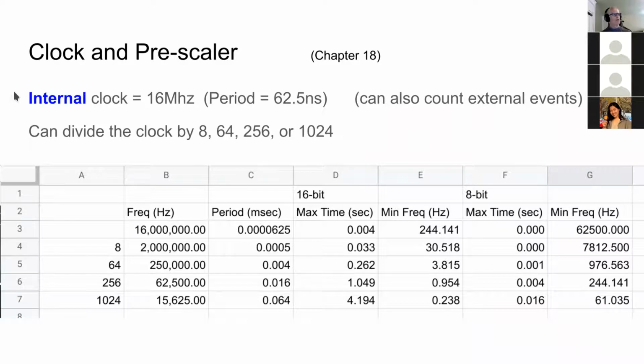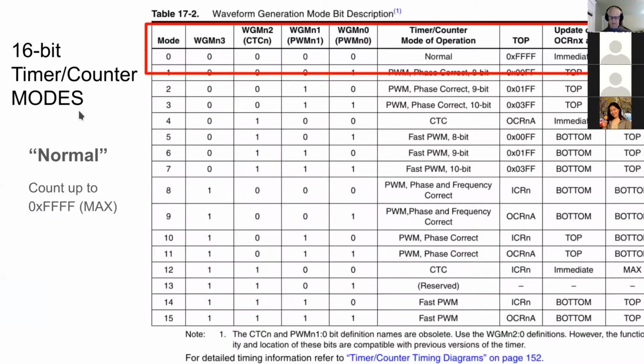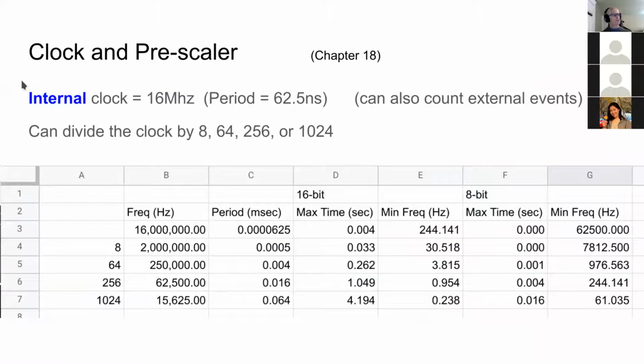The internal clock is the main CPU clock. Sorry, I keep doing that because on my PDF slides, I can mouse and highlight, and on here, I click to the next slide. Anyway, the internal clock of the chip is 16 megahertz. That means one pulse every 62.5 nanoseconds. Yeah, we can count external events, but we're not going to do it.